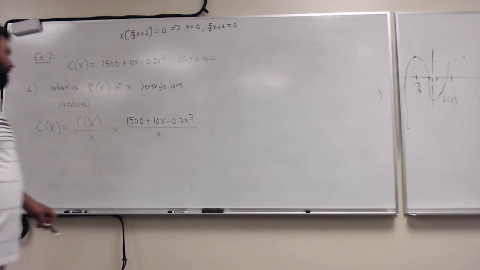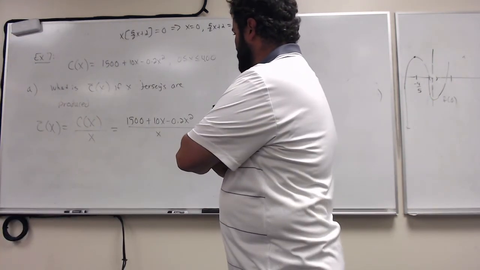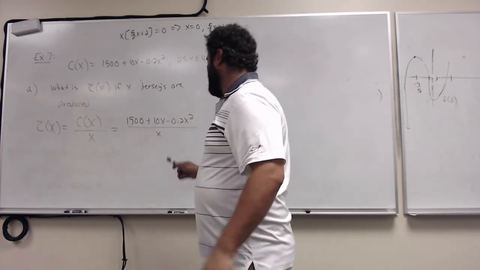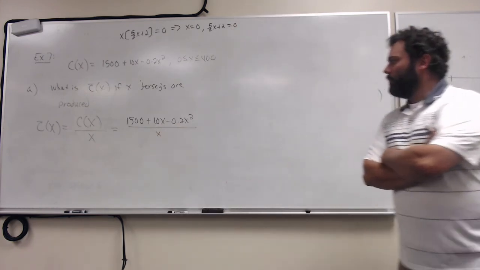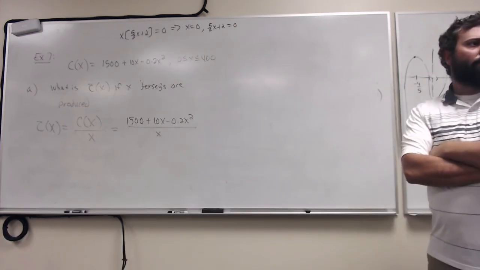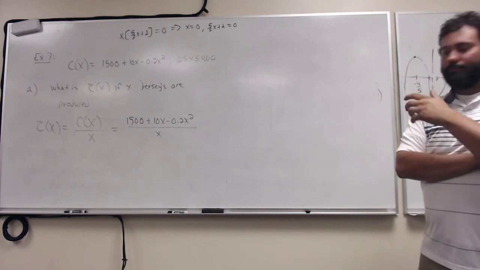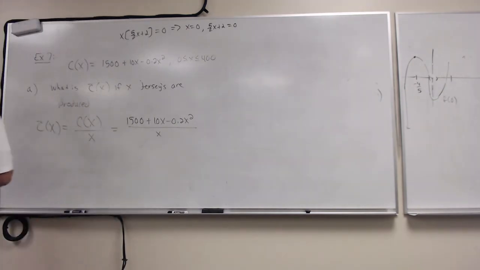Okay, so I think we can leave it as it is and use the quotient rule, or we could, I guess, divide x into every term. So I think I'm just going to use the quotient rule. Probably gives me a nice form for when I'm trying to find where the derivative is 0 or undefined.